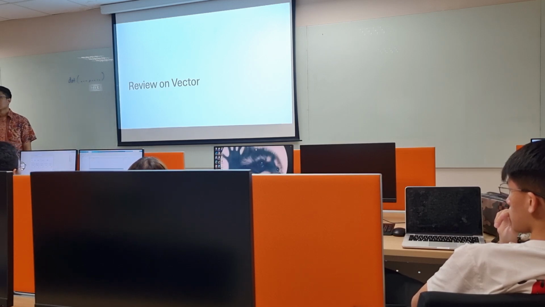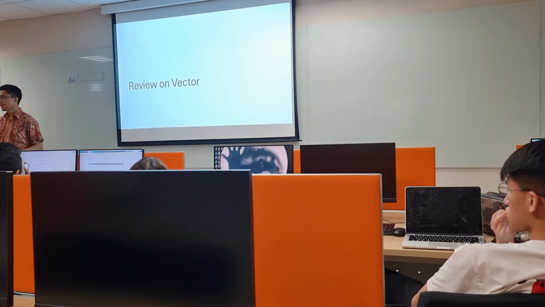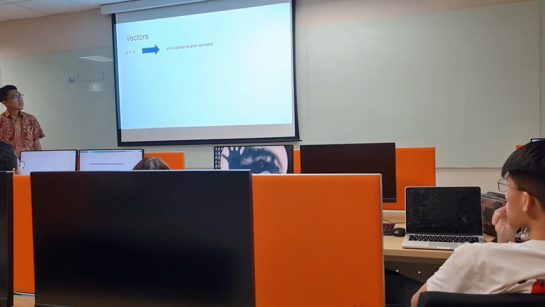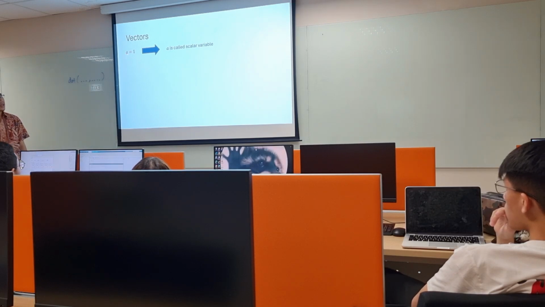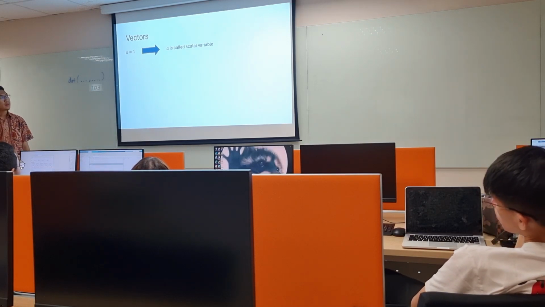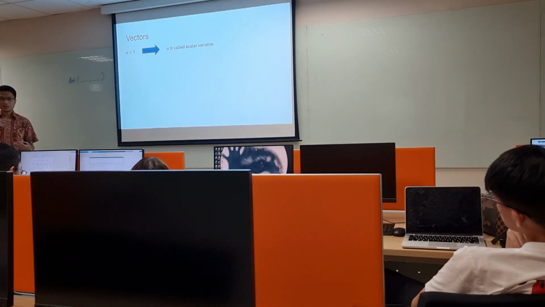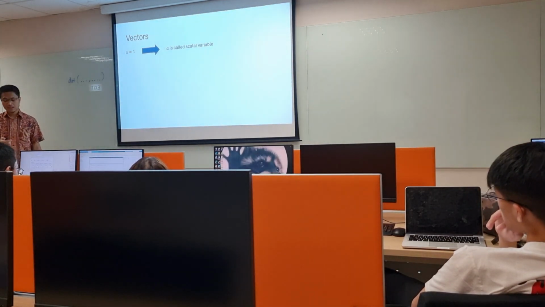The things that we are doing, you have to know about vectors first, because vectors will come up a lot. Let's say A is a scalar variable. We just express any kind of number in one element, that's a scalar variable.